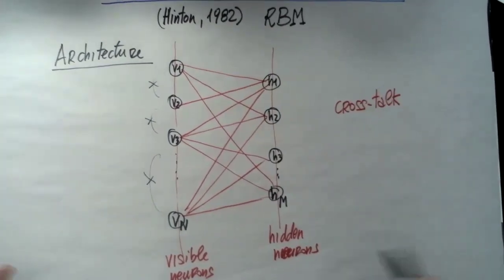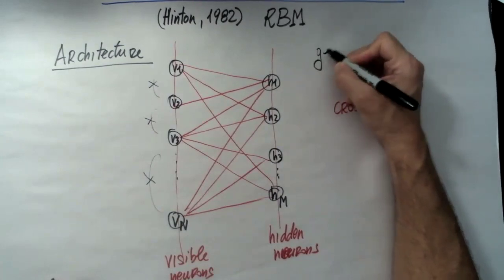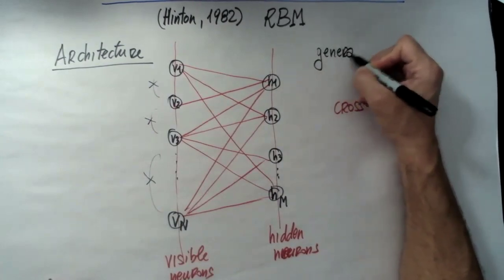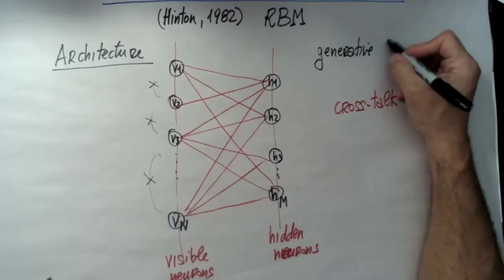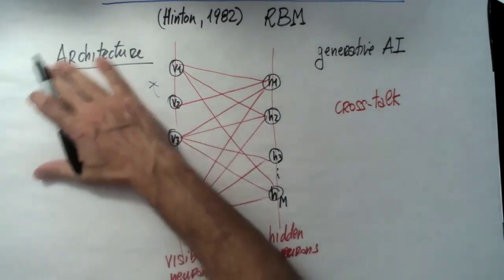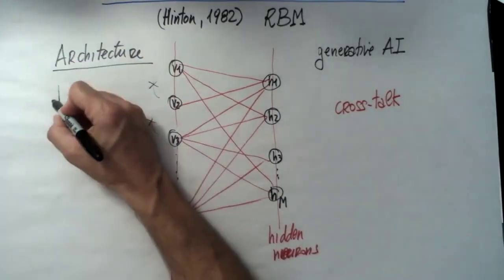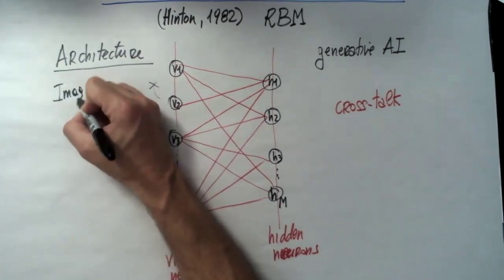And this is the first example, the first algorithm for generative AI, because given a data set, imagine that in our case they are images.